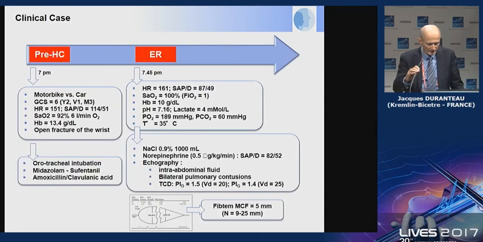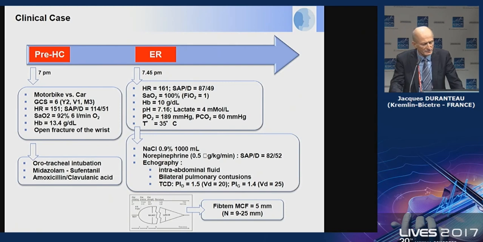So it's a young guy, 20 years old, and he has a motorbike accident in Paris on the loop. As you can see, during the pre-hospital phase, the Glasgow Coma Scale was equal to 6.